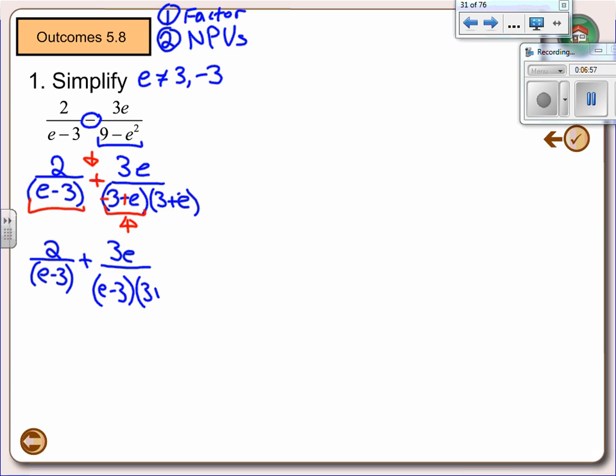The reason we did that is that when we go to build our common denominator, it's going to be a little bit easier, because we already have both e minus 3 in each denominator. So we don't need to multiply the right fraction by anything because it already has an e minus 3. On the other hand, we're still missing the 3 plus e over here, so we need to multiply the top and the bottom by 3 plus e.